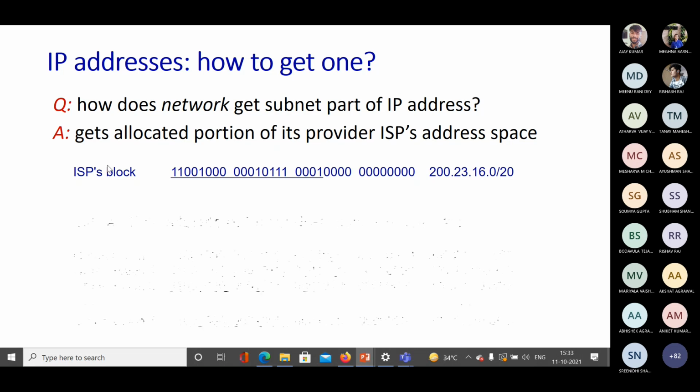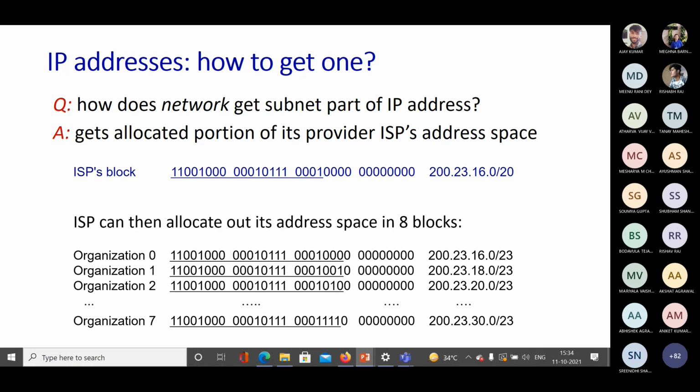Now, the ISP wants to give IP addresses to different organizations which are paying the ISP to get access to the internet, right? So what will the ISP do? It would give out smaller chunks of addresses.